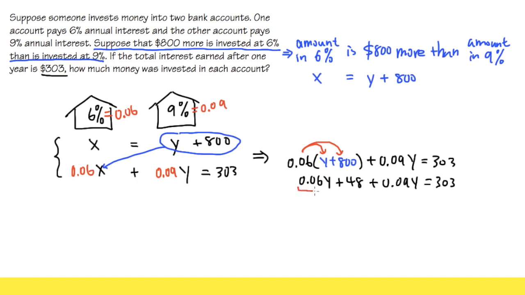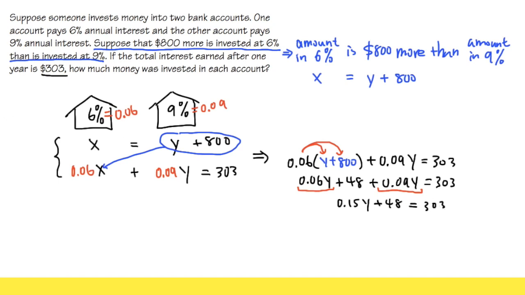And now let's combine the terms right here. 0.06Y, we add it with 0.09Y. These two together will give us 0.15Y, and we still have the plus 48, and this is equal to 303.